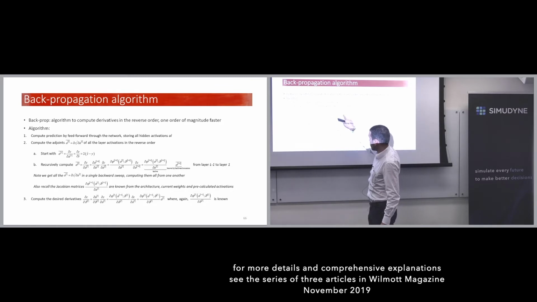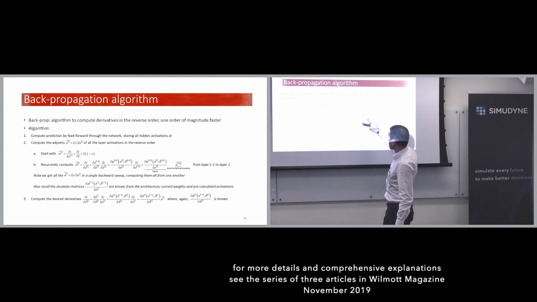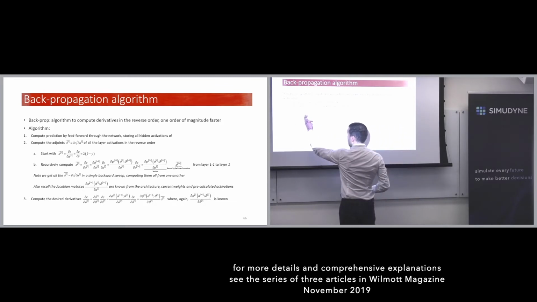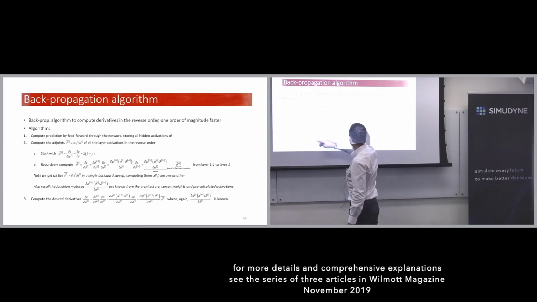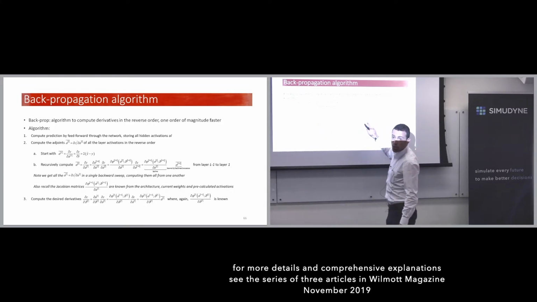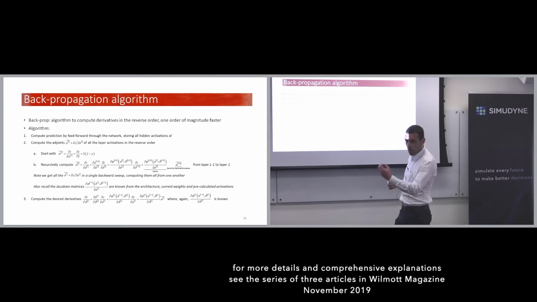So that will be this Jacobian, and this guy is, by definition, the adjoint of A(L+1). So we know the last one, and we have a recursive relationship, a matrix by vector product, to find the adjoint of AL once we know the adjoint of A(L+1). So we are going to find all the derivatives we need by repeatedly applying matrix by vector products.